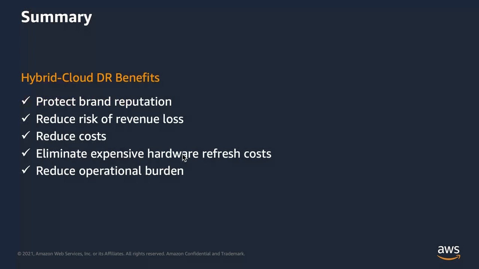Definitely want to reduce costs so that you can pay as you grow. You can grow and shrink your infrastructure within minutes. Everything should be API-based. Definitely want to totally eliminate expensive hardware refresh costs so that you can consume on demand and pay per use.